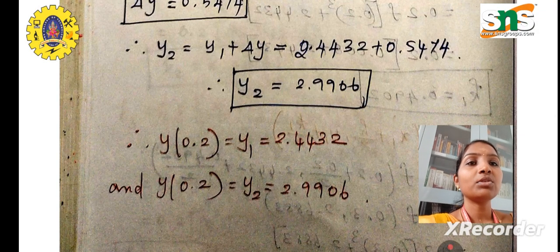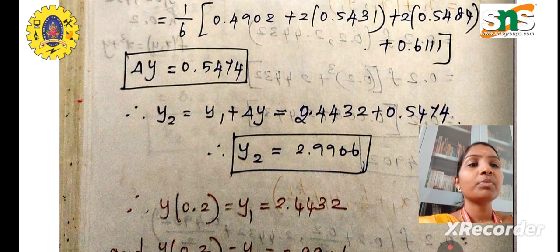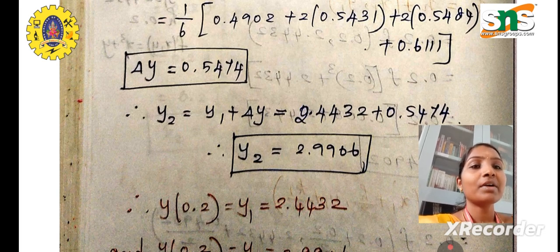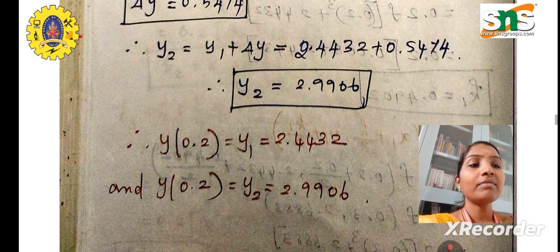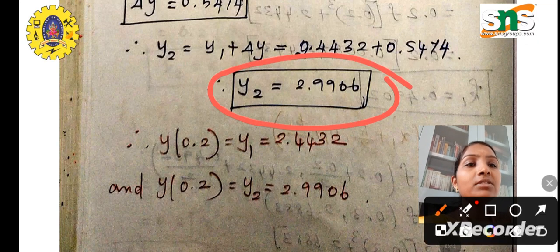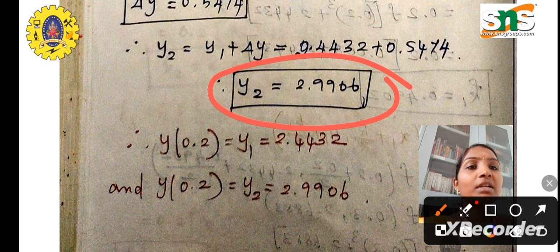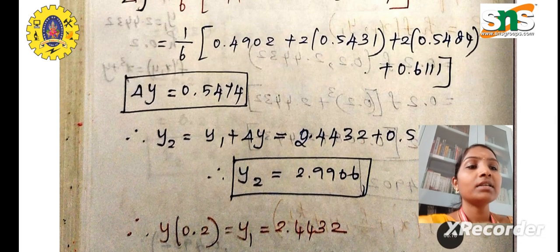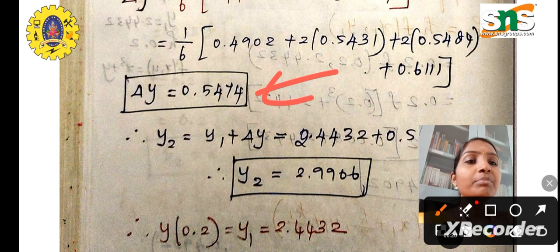Y2 is equal to y1 plus del y, which is y1 as 0.4432 from the previous iteration, and in the second iteration we have del y as 0.5474, and on adding these two we have y2. What is y2? y2 is 2.9906. So the incremental value has been added to the previous value y1 and we found y2.